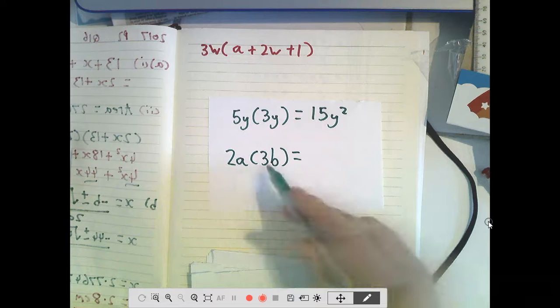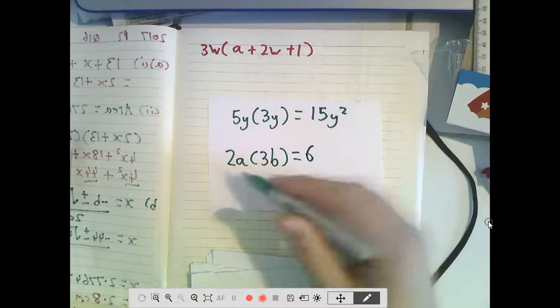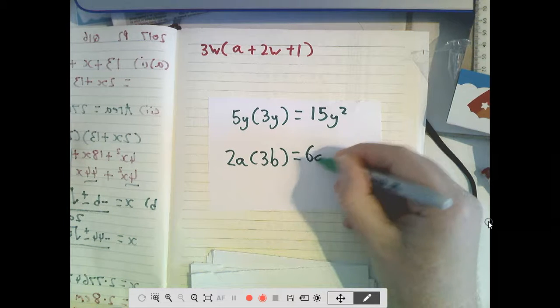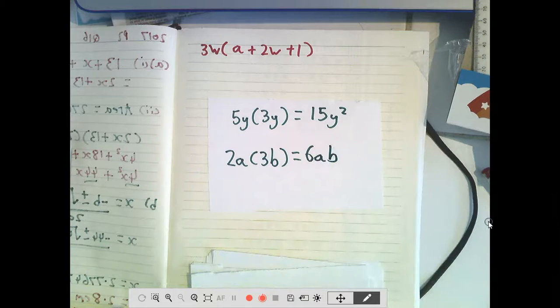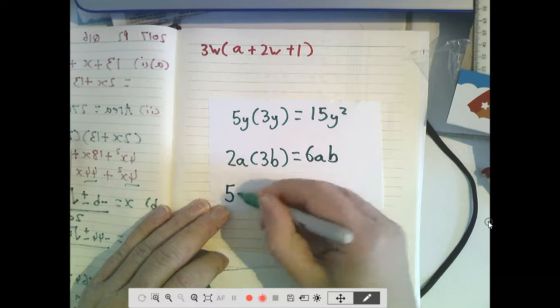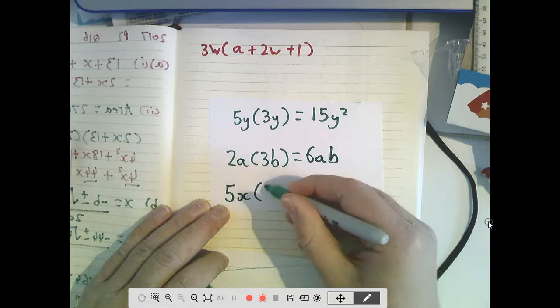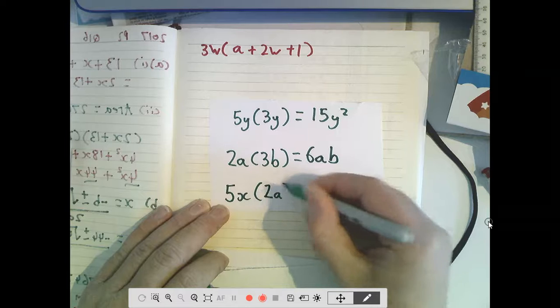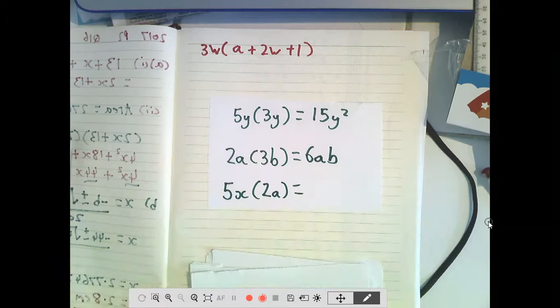Okay, 2 times 3 is 6. A times b is ab. Perhaps you could have a go at this one.